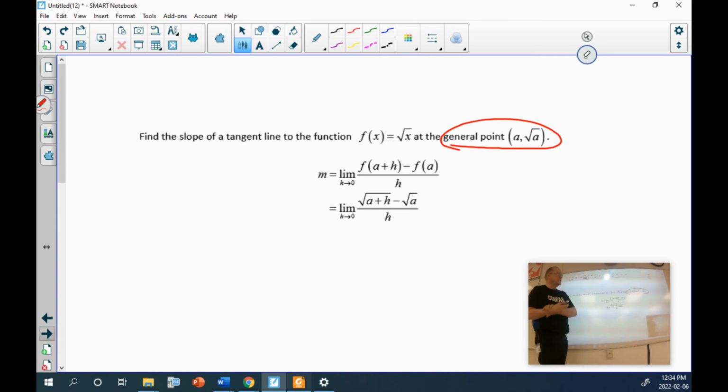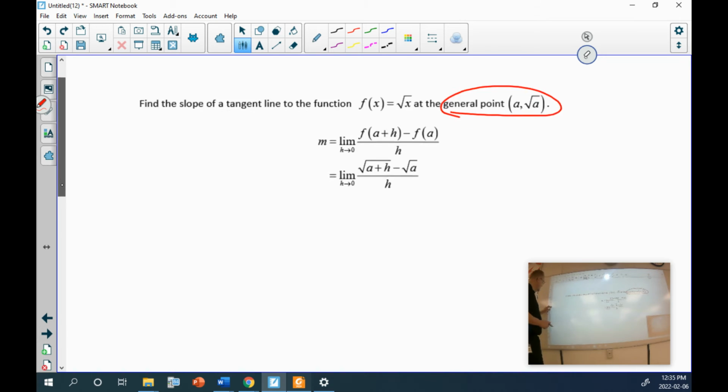A being a number, square root a being the output of that number. Using this definition, we will replace x with a plus h. We'll replace f of a with minus square root a over h.